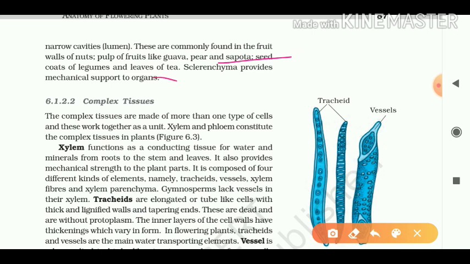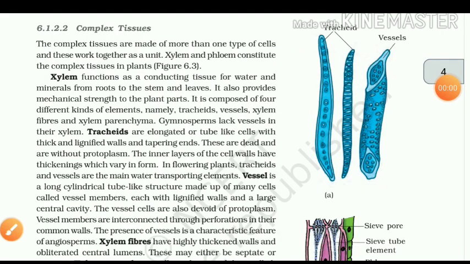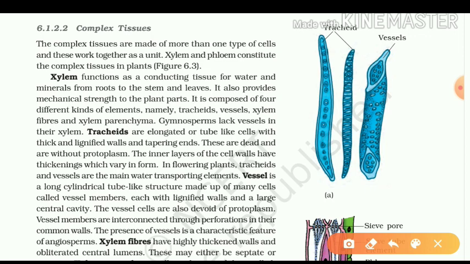Remember this point, a direct question may arise: leaves of tea consist of what type of simple tissue? The question may arise like this. So that is about simple tissue, guys. Now let's talk about complex tissue. Don't be confused. A complex tissue is made up of more than one type of cell.